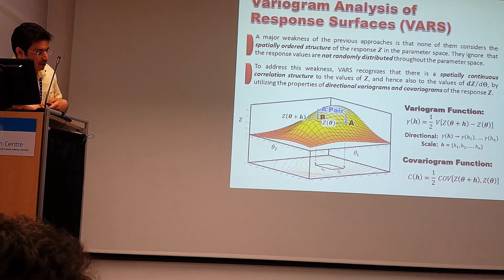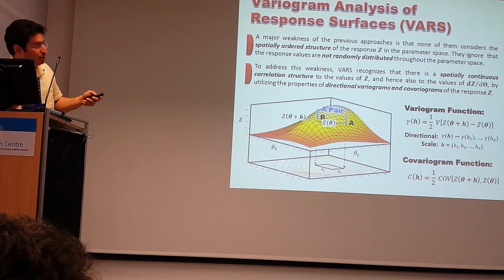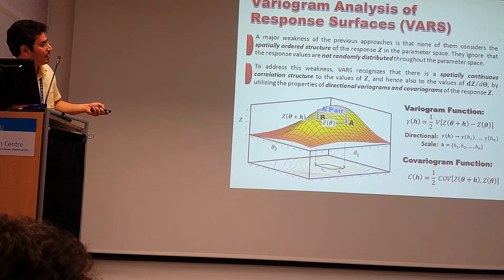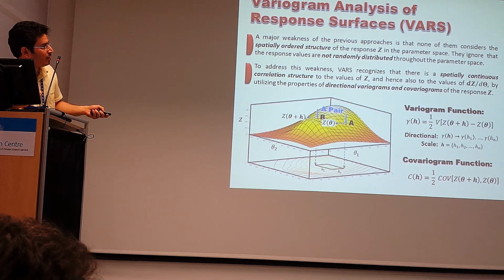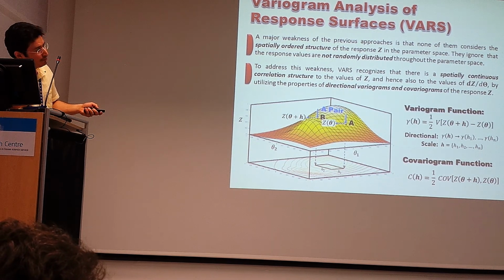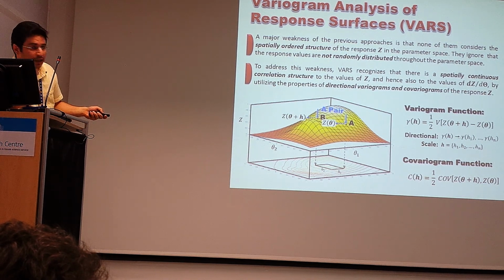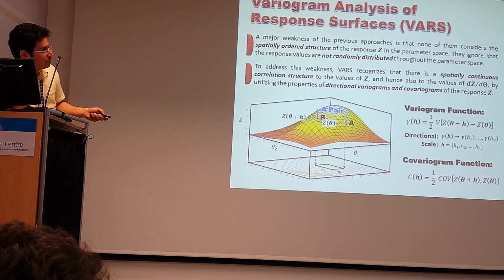And so as I said, this is an anisotropic variogram, meaning that it is different in different directions, and what we can do is extract the directional variograms out of this variogram function. So at different directions, we get different variograms. For an n-dimensional problem, we get n directional variograms. And these variograms are functions of h, as I said.